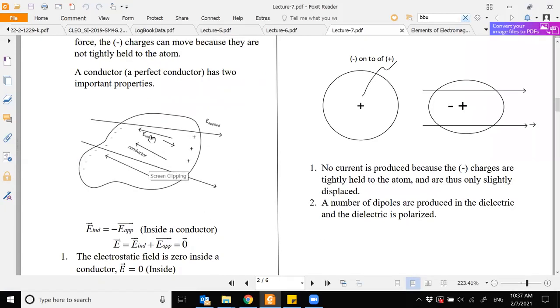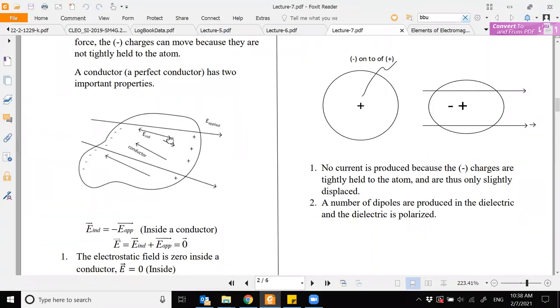This induced electric field direction will be away from the positive and towards the negative, which is exactly opposite to the applied electric field, as well as exactly equal in magnitude. It will be opposite and it will be exactly equal in magnitude.